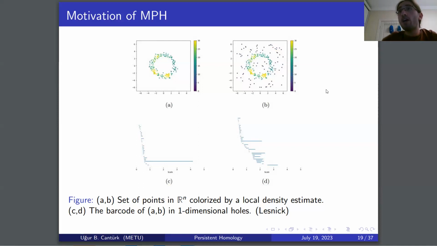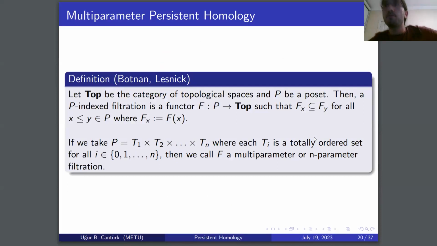So this is why we are passing through multiparameter persistent homology. Let me define filtration and persistent module in the multiparameter case. I will define them using categorical arguments. We say that Top is the category of topological spaces and P is a poset.